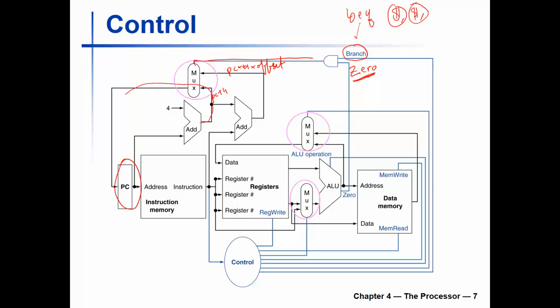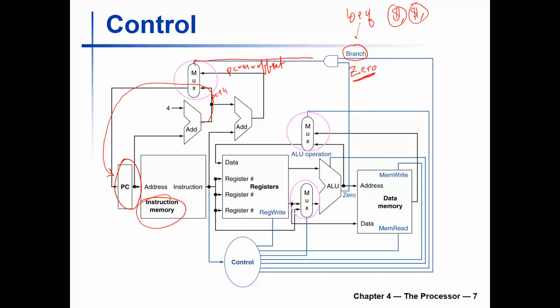Otherwise, it is PC plus 4, which is the next instruction. Why plus 4? Because the next instruction is typically saved after 4 bytes. Every instruction is 32-bit, so the next instruction is after 4 bytes. That's the address for the next instruction in the instruction memory.